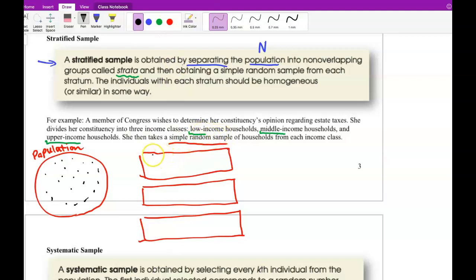The first one was low-income households, so this is low income. Next one, middle income.